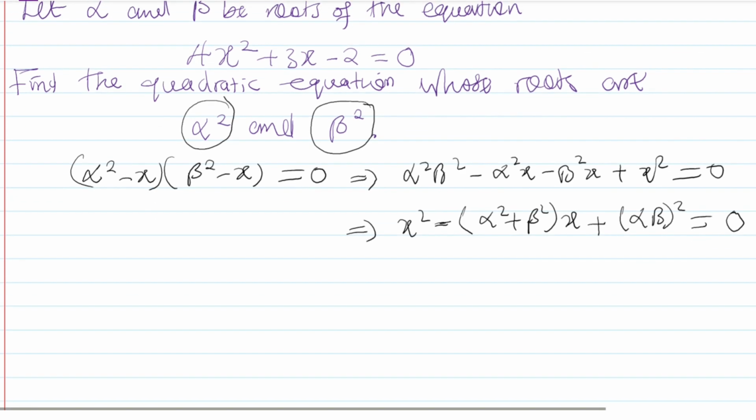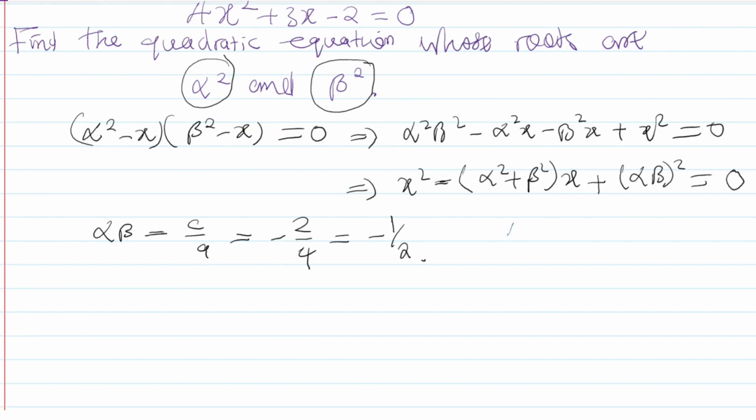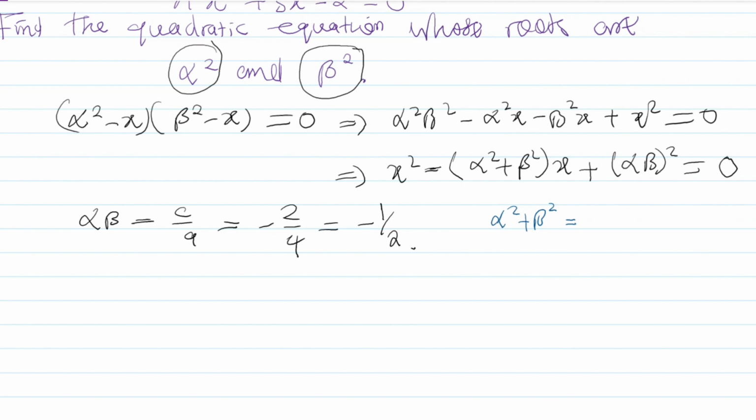Now the question is, what is alpha squared plus beta squared, and what is alpha beta? We know that alpha beta is given by c over a. What is c? C is negative 2 over 4, which is equal to negative 1 over 2. Now, what is alpha squared plus beta squared? In the previous example, we showed that this is the same as (alpha plus beta) squared minus 2 alpha beta.